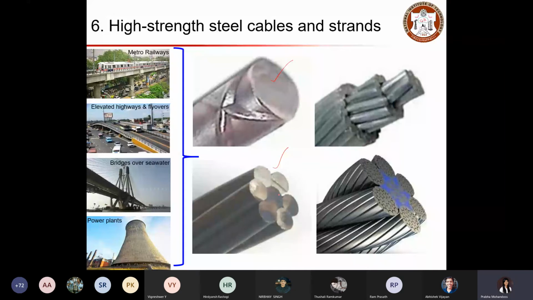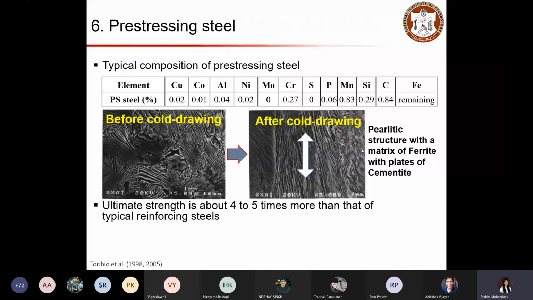And in general, to know about the composition of such high strength steel in the form of pre-stressing steel, you will have higher carbon content, and then there are other important elements in the structure.